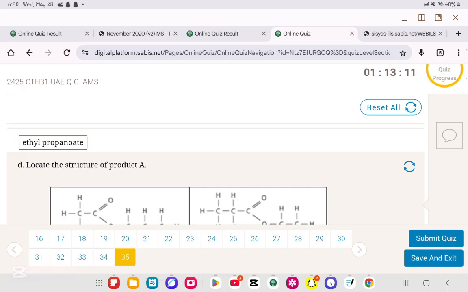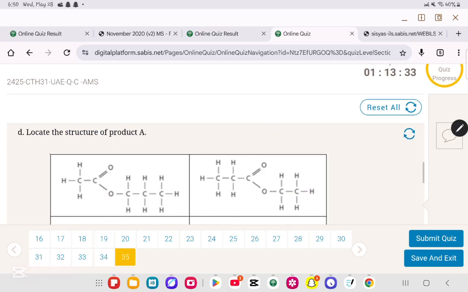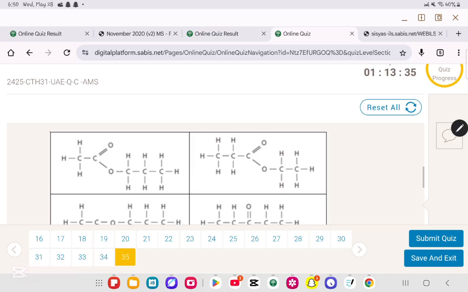When you're drawing the structure, it's the opposite. Now it's the acid first, then the alcohol. When you are naming it, it is alcohol, then acid. But when you're building the structure, it is acid, then alcohol. That means you're first going to have 3 carbons, then the ester bond.